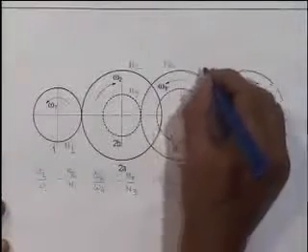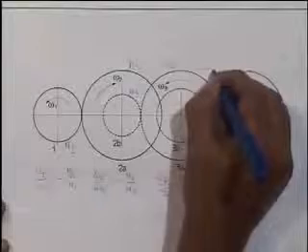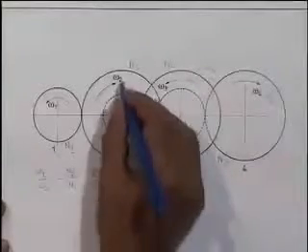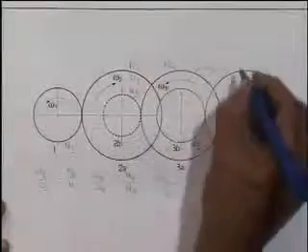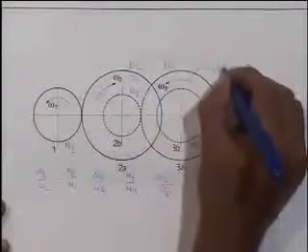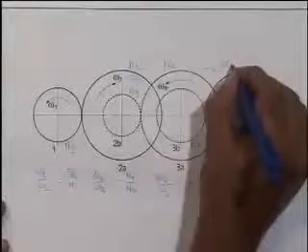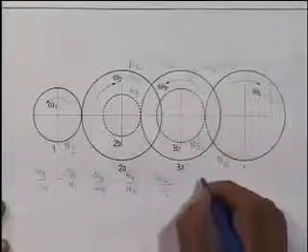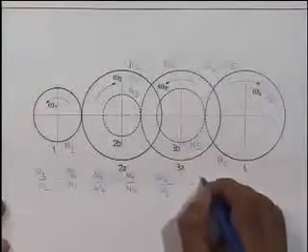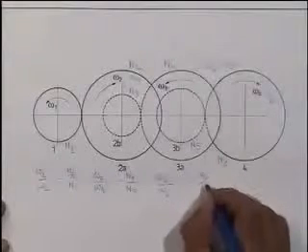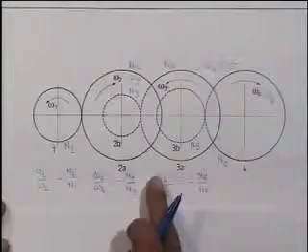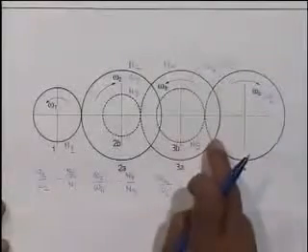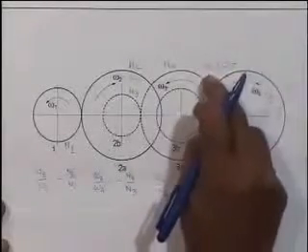This I write omega 4, which is same as omega 5, and this is omega 2, which is same as omega 3. So omega 4 by omega 6 is minus N6 by N5, actually omega 5 by omega 6 is minus N6 by N5, and omega 5 is same as omega 4.